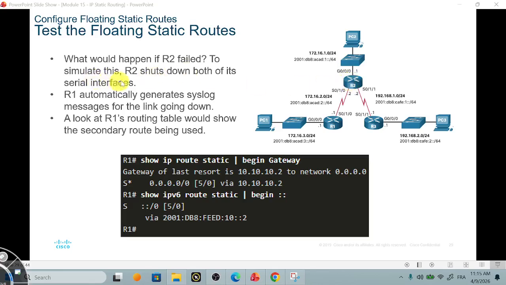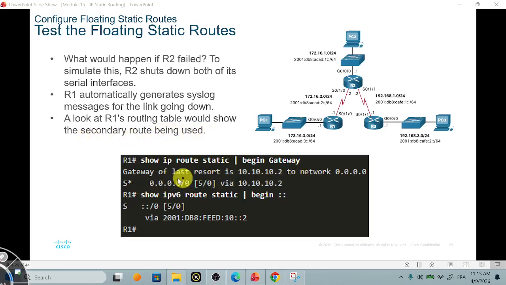To simulate this, R2 shuts down both of its serial interfaces. R1 automatically generates syslog messages for the link going down. A look at R1's routing table would show the secondary route being used.